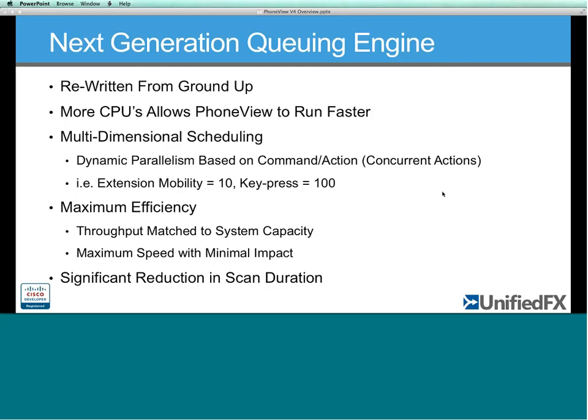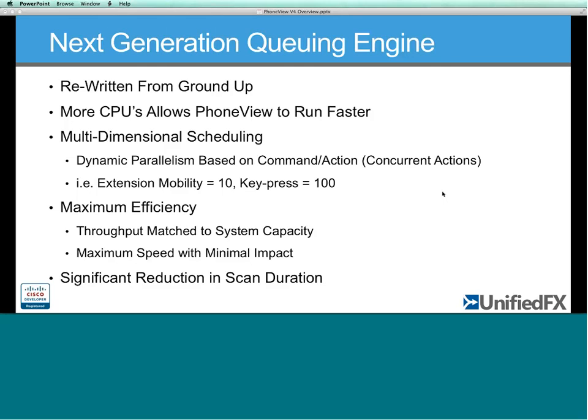In terms of that maximum efficiency, a key point is it matches the system capacity. Each component or element that PhoneView interacts with is tied to how much it can handle, which means you can have the maximum throughput and absolute minimal impact.